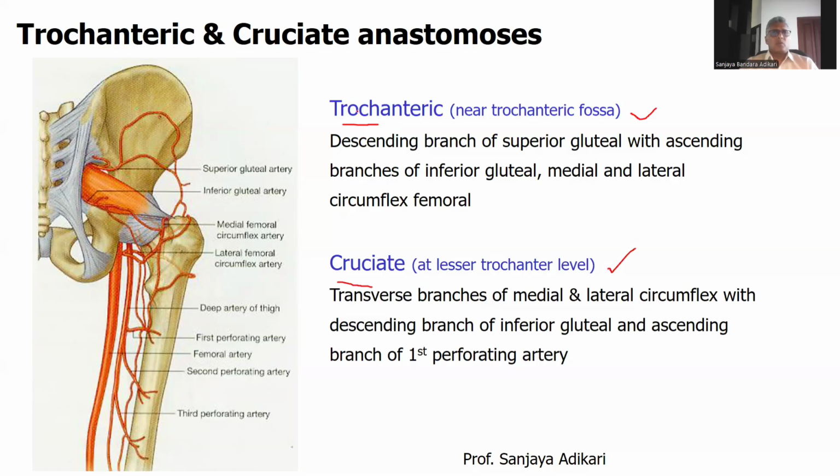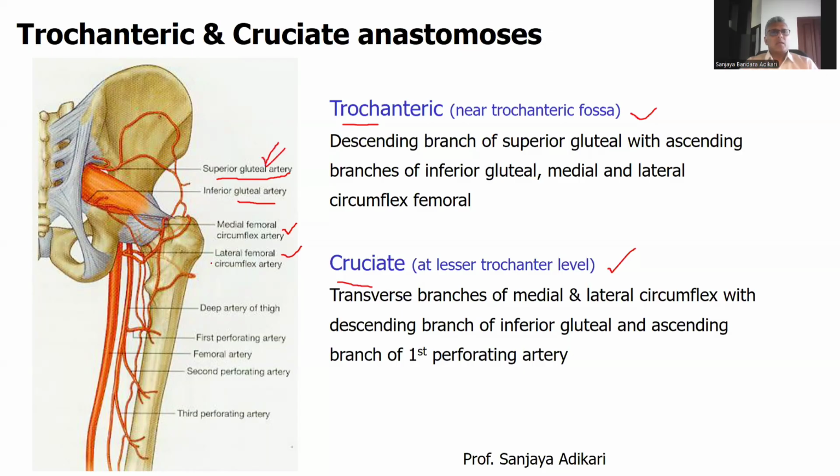The trochanteric anastomosis is formed between the descending branches of the superior gluteal artery and the ascending branches of the inferior gluteal, medial femoral circumflex, and lateral femoral circumflex. So that is the trochanteric anastomosis. Then the cruciate anastomosis: the superior gluteal is not involved in it.